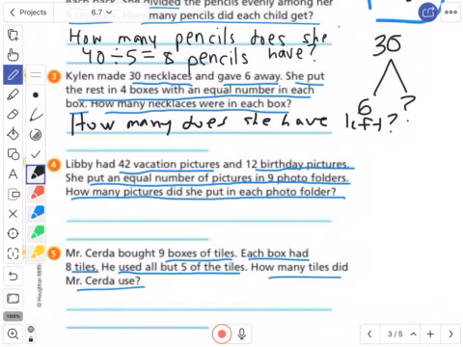So I have 30, basically 30 minus 6, and 30 minus 6 equals 24. Then it says she put the rest in 4 boxes with an equal amount in each box.